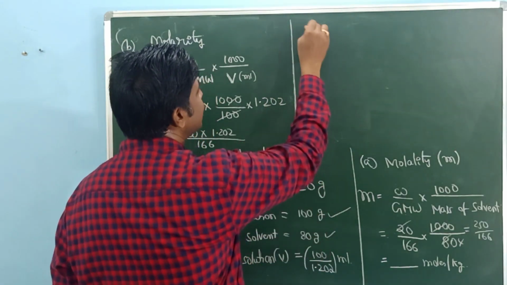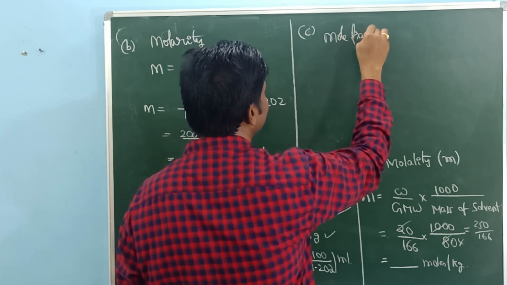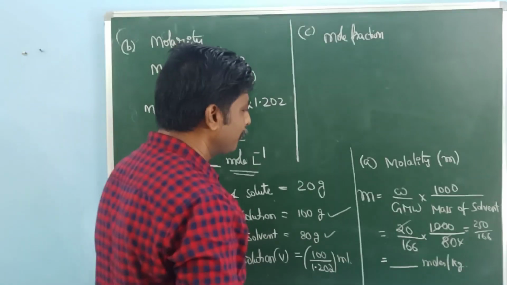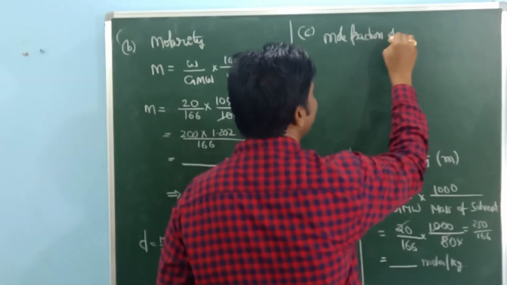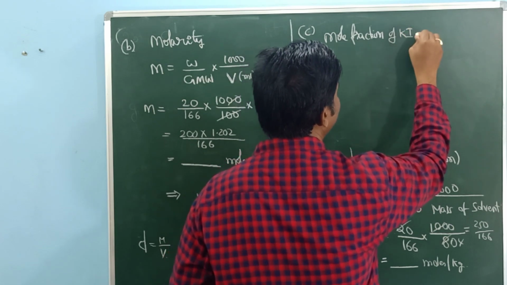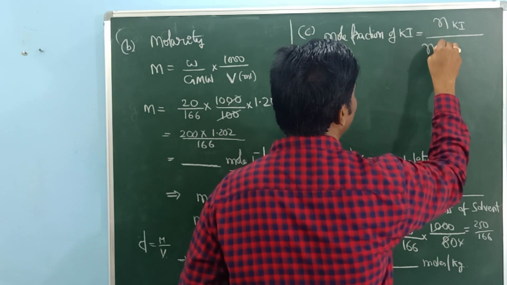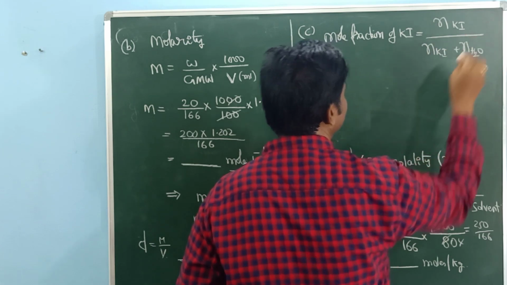Next, C is mole fraction. If you want the mole fraction of a particular component, suppose KI, the mole fraction of KI is number of moles of KI by number of moles of KI plus number of moles of water, the solvent.